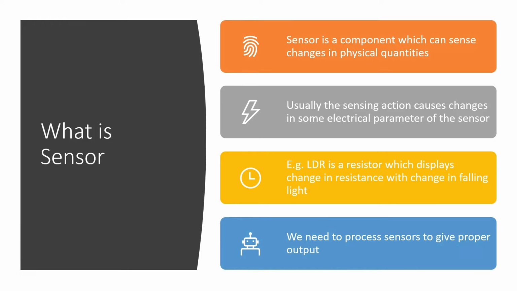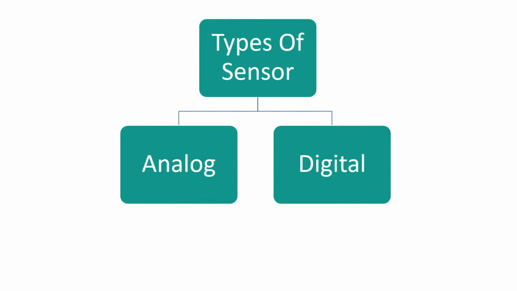Then you know about the sensors present inside your phone, which include a compass as well as a proximity sensor which turns off the display when the call is on, and so on. There are hundreds of different types of sensors available, and all of them can be used in electronic projects. Depending upon what type of output they produce, these sensors are broadly classified as analog and digital sensors.